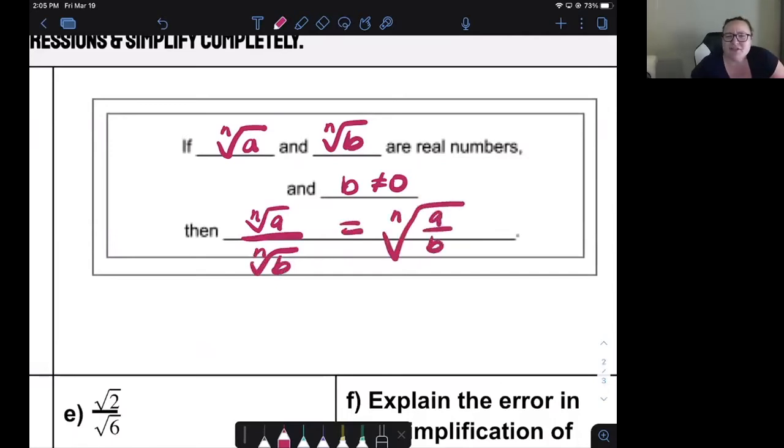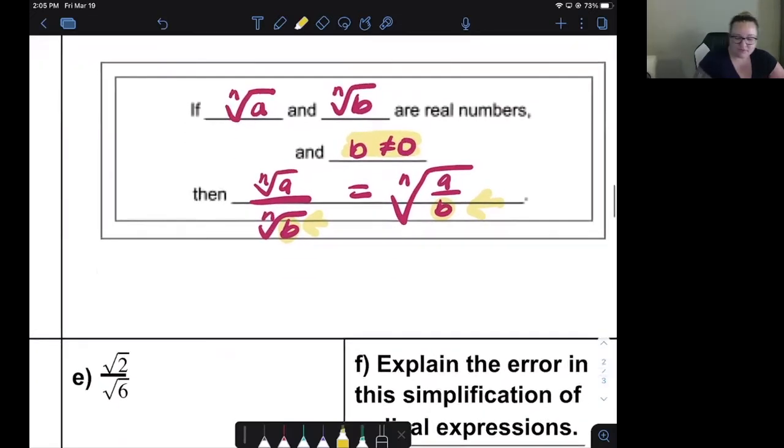So we kind of already used this definition in an earlier example in part 1, but this is just formally stating that. As you can see, B is not allowed to be 0 because, hey, it's in a denominator and our denominators can't be 0. So that's why we stated that restriction in the definition. And again, we're dealing with the nth root of A and the nth root of B being real numbers.